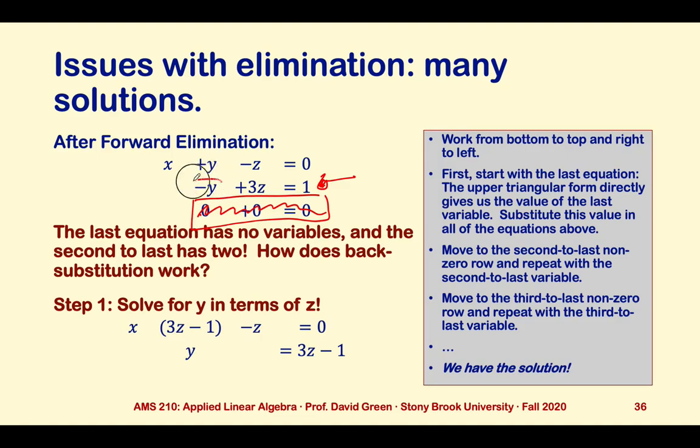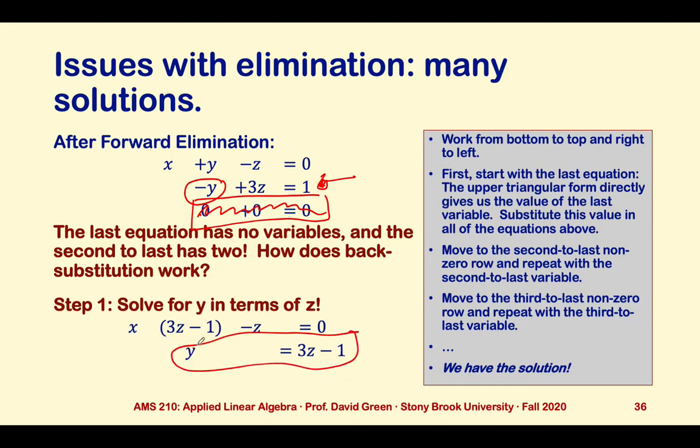The pivot is the first non-zero term, and we want to solve for that pivot, y, in terms of the variables that are left, which we call free variables. Solve for y in terms of z. Negative y plus 3z equals 1 means that negative y is 1 minus 3z, or y is 3z minus 1.